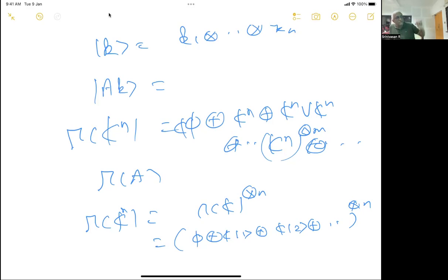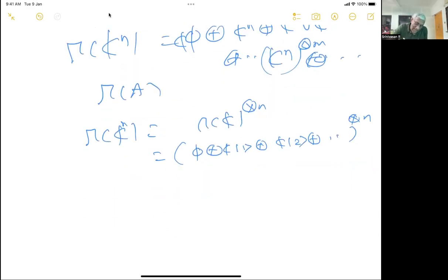For the mth particle space, I think K1 up to Kn, the summation should be m. Think about it, write it. If it's not clear to you, we will do it together. It is an exercise so that you can understand this picture. You have to see that gamma A is the same in both pictures.